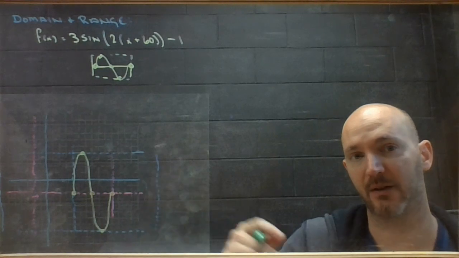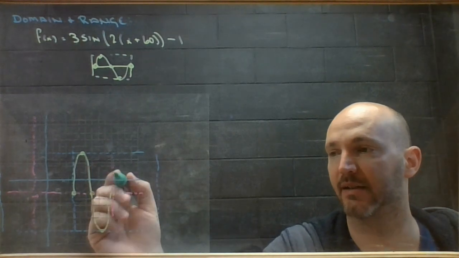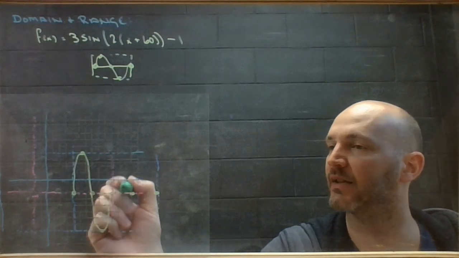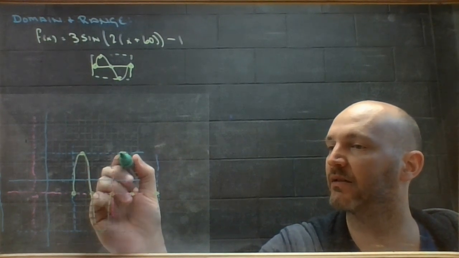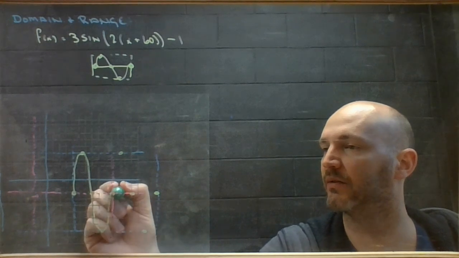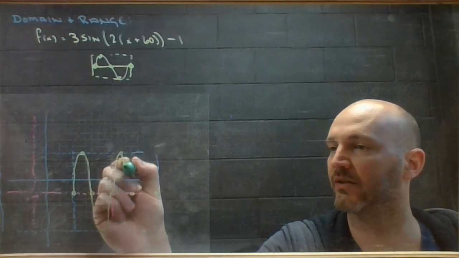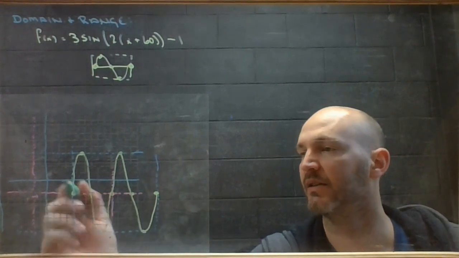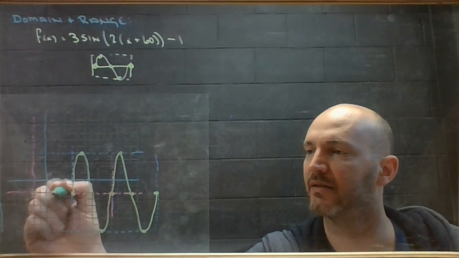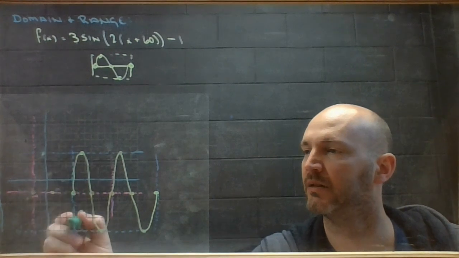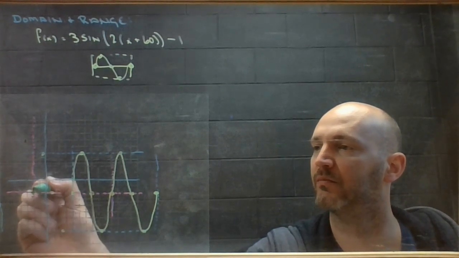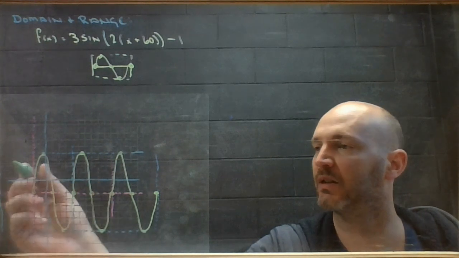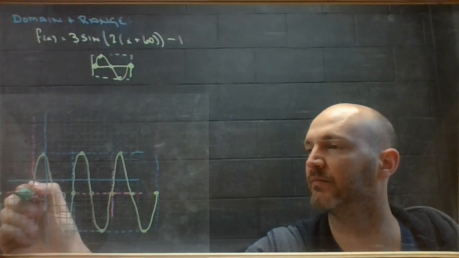So filling that pattern in across the entire axis, start at 0, end at 0, 0 dead center, peaks, troughs, 0s at the start, 0s at the end, 0s in the middle. And so on.